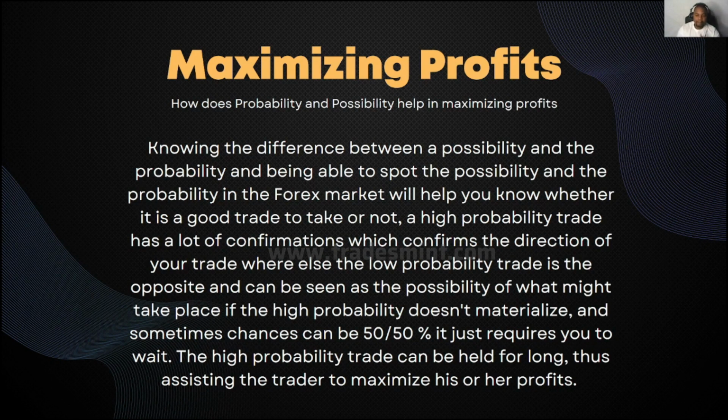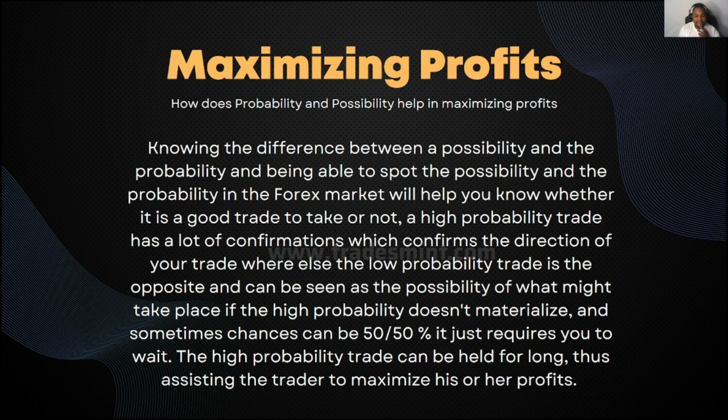A high probability trade has a lot of confirmations which confirm the direction of your trade, whereas the low probability trade is the opposite, and can be seen as a possibility of what can take place if the high probability doesn't materialize.